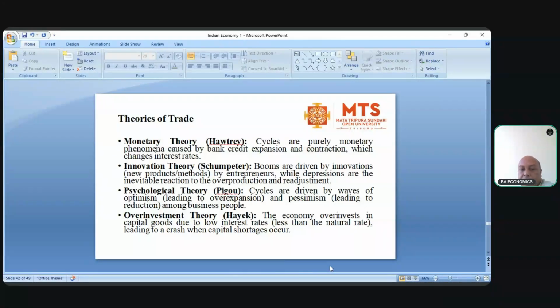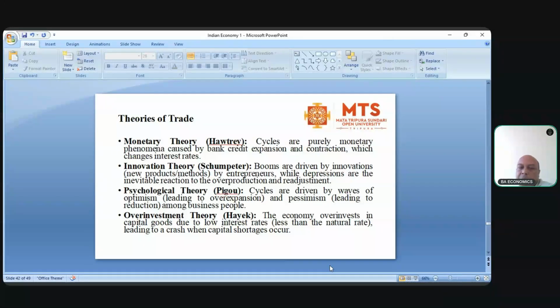Over-investment theory, Hayek. This theory was introduced by Hayek. What he said is that the economy over-invests in capital goods due to a low interest rate, leading to a crash when capital shortage occurs. So this theory says that the business cycle happens due to over-investment in the production of capital goods.